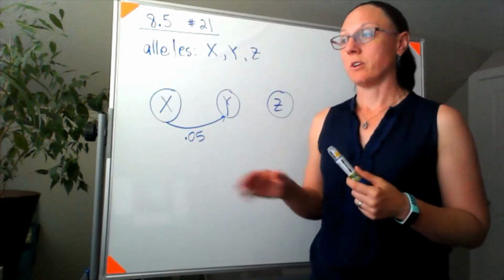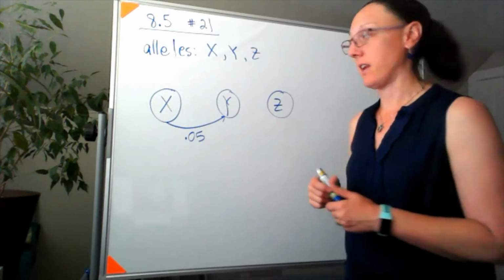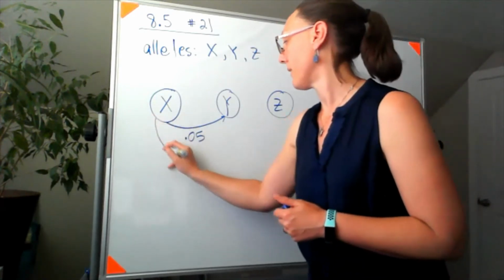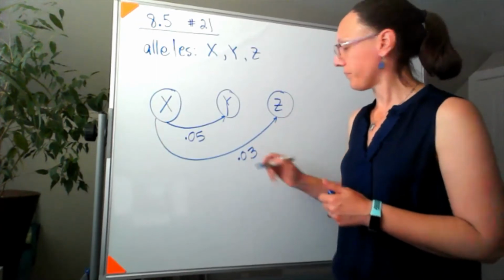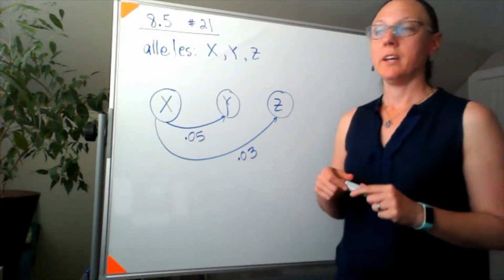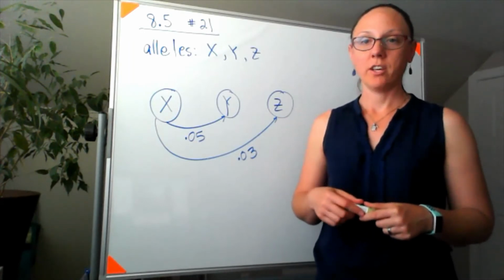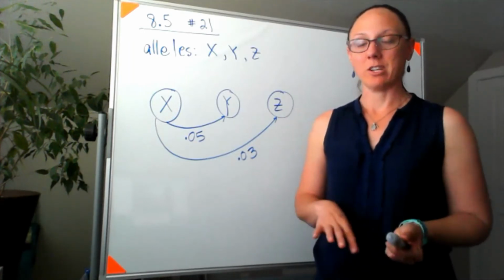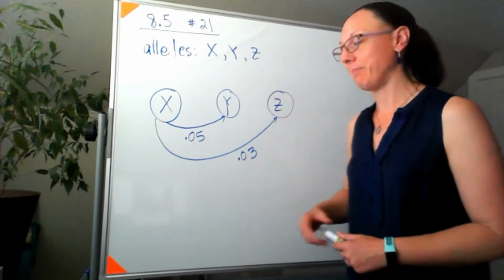We're also told that X is going to mutate to allele Z 3% of the time. And then we're told that the rest of the individuals remain unchanged. So that actually turns out to be really important in terms of our overall diagram.